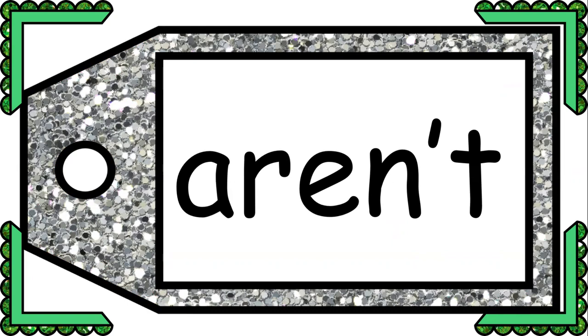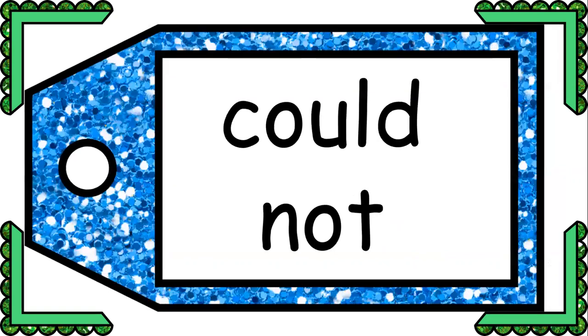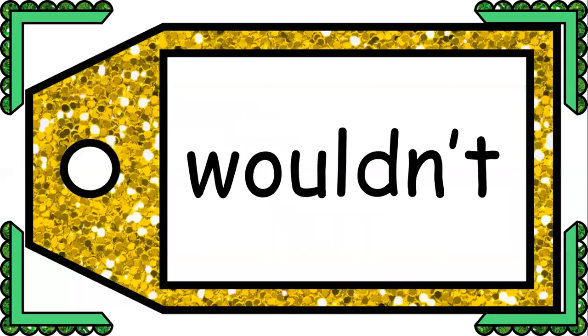Aren't is made up of what two words? Are not. Good. Could not. What contraction does could not make? What letters are left out? Okay, so couldn't, and you're going to leave out the N and the O for not.